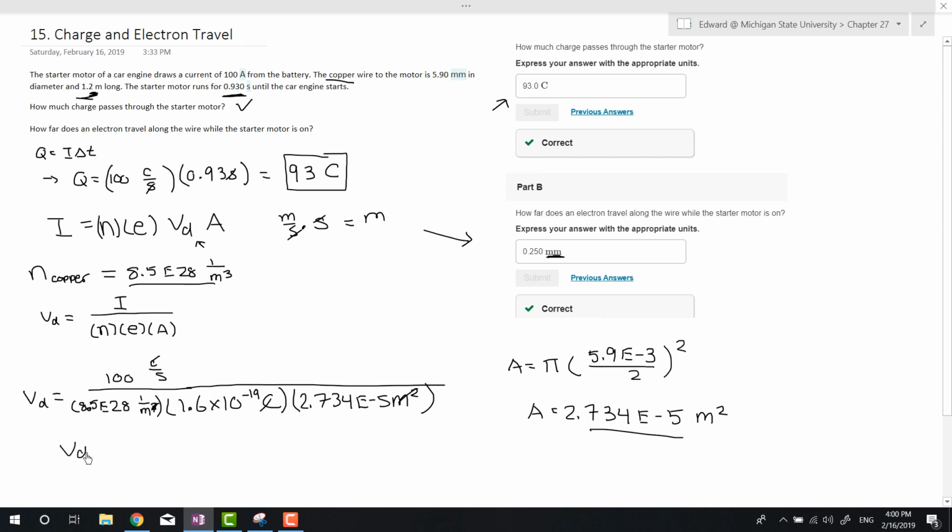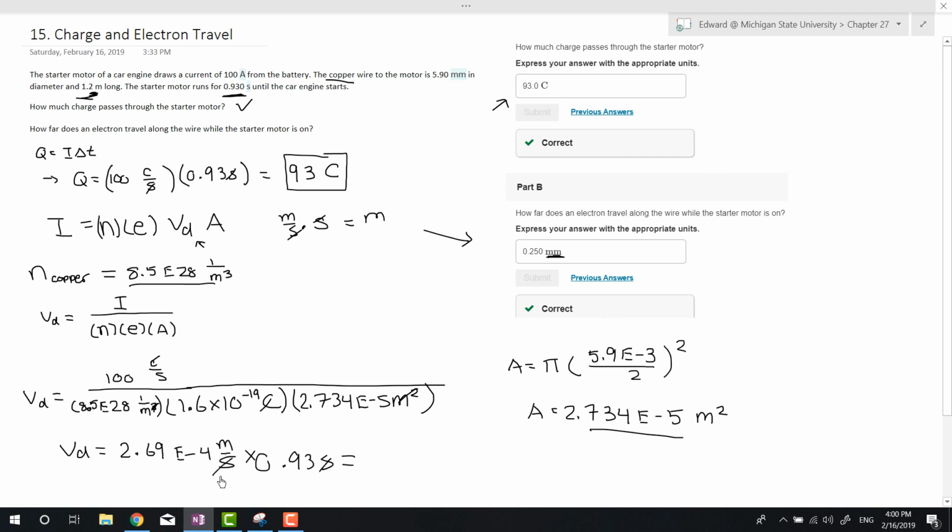So 8.5 e28 times 1.6 e to the negative 19, typing this into the calculator, I get 2.69 e to the negative 4 meters per second. We're not done yet. We multiply by the time, 0.93 seconds.